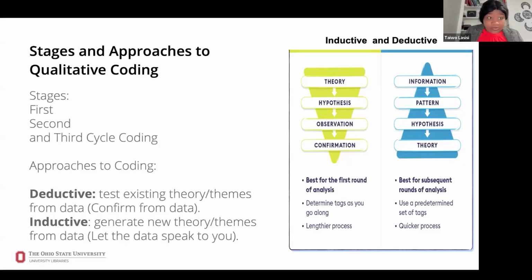However, for inductive coding, it's not like that. You're going to code first and let your data speak to you. So you draw out your themes from actual words, actual understanding. When I say actual words, I mean actual words that you collect from the data you've explored.